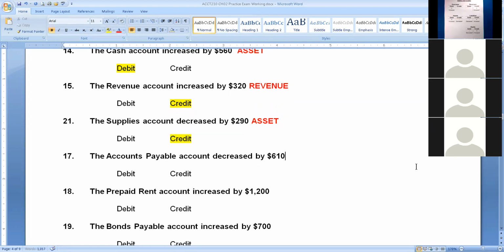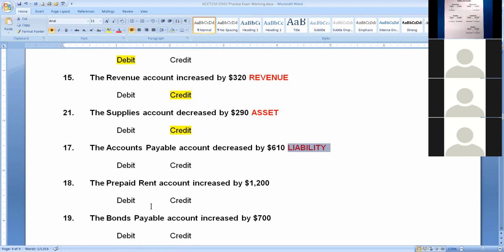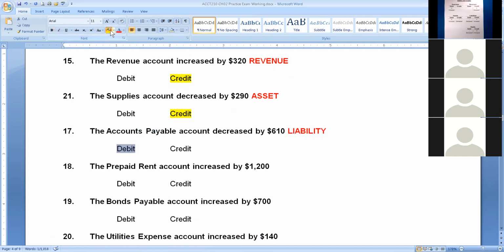Accounts payable decreased. Accounts payable is a liability. We owe money. It's going to decrease with a debit. Prepaid rent. I think we talked about prepaid rent. It's an asset. It's when you pay rent ahead of time.